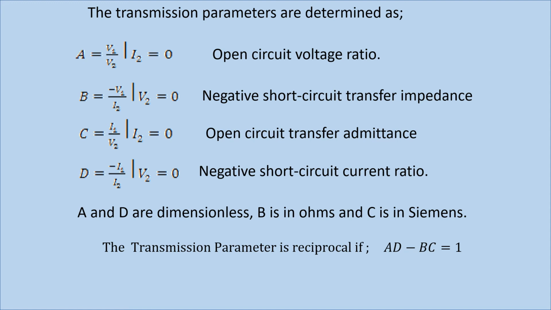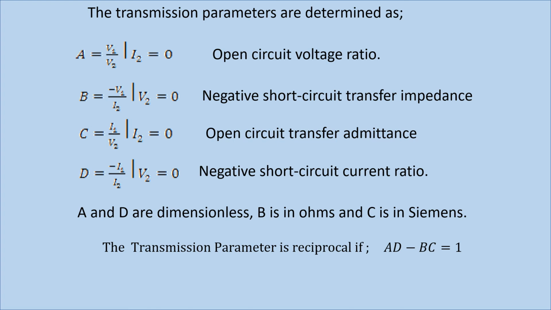From the formulas of the transmission parameters stated in slide 18, V1 equals A V2 minus B I2 and I1 equals C V2 minus D I2, we have our open circuit voltage ratio, that is A, equal to input voltage over output voltage, provided our output current equals 0.